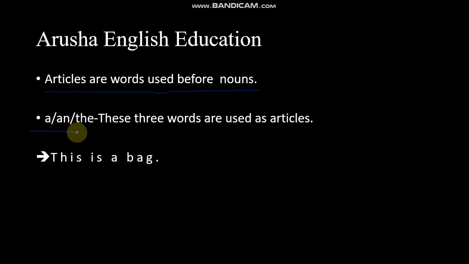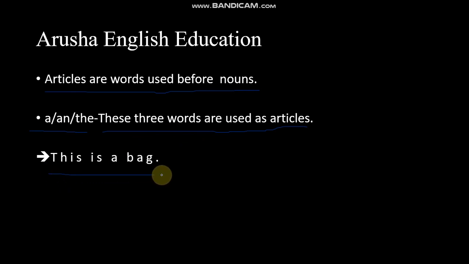A, An and The. These three words are used as articles. We can use A, An and The as an article in any sentence. Now, with the help of this example, we will clear our fundamentals for the application of article. First of all, read this sentence carefully.